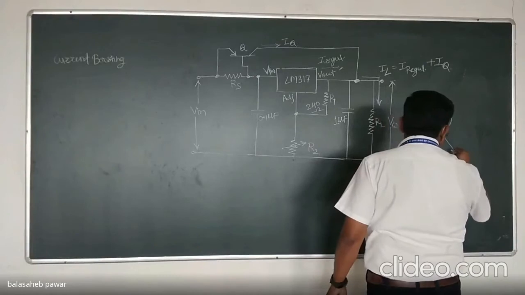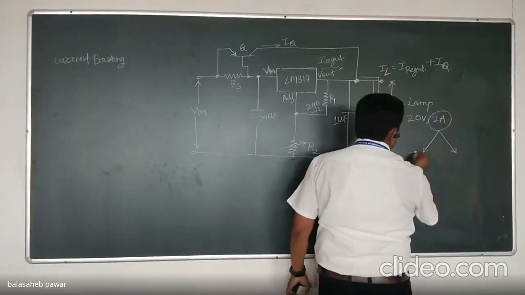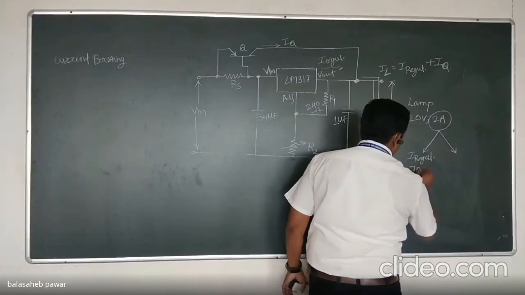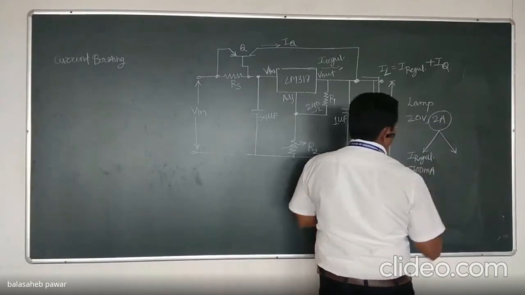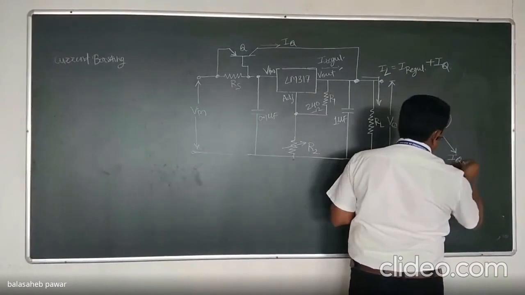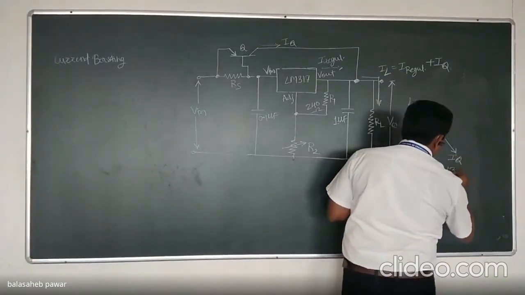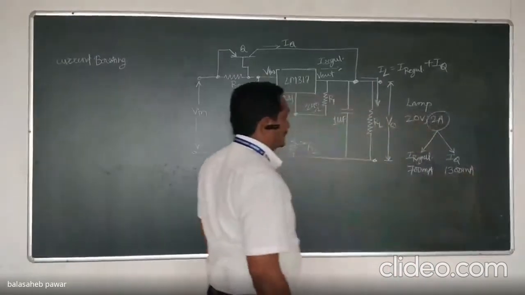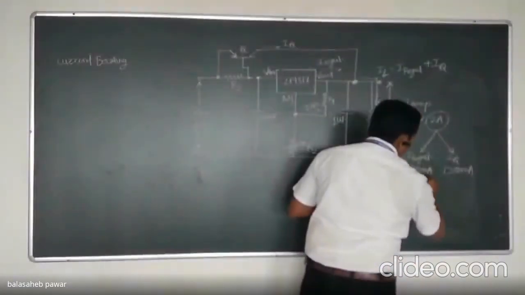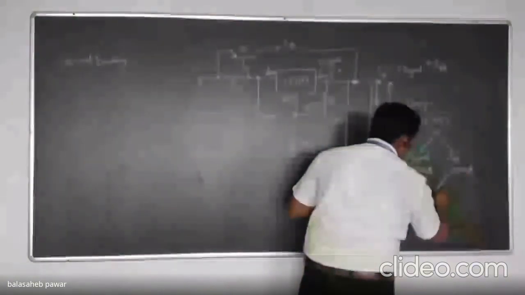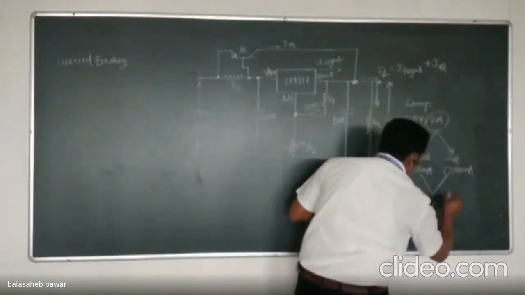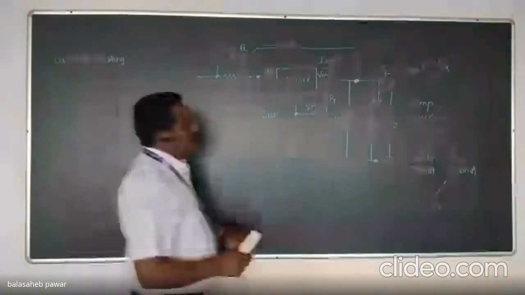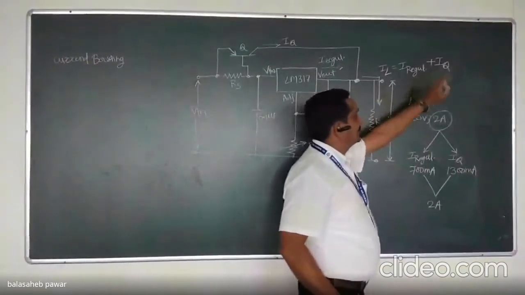That 2 ampere should get divided as I regulator equals to 700 milliamperes, and IQ, that is transistor current, should be 1300 milliamperes. So that IL will be equals to 2 amperes. Is it okay? Because IL equals to I regulator plus IQ, right now.